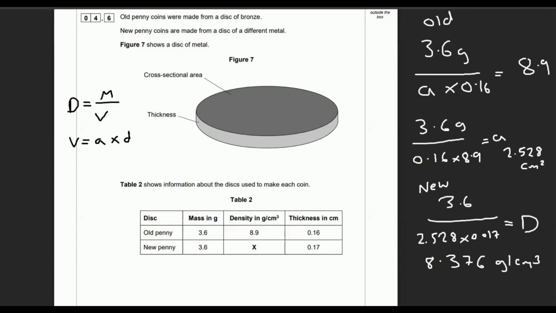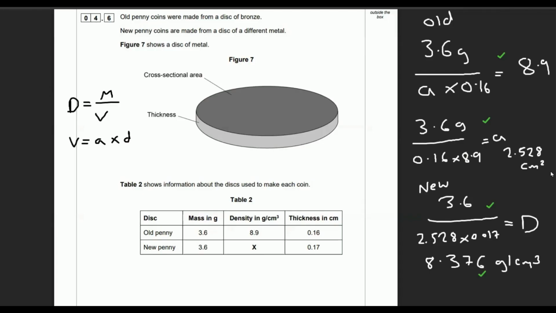Now, I think we've got 4 marks so far. So we've got 1 mark for doing this equation, working out what A is, another mark for rearranging that equation to find 2.528. We're then putting that 2.528 in here, rearranging again to find the density. We've worked out the density. Now, that's only 4 marks. What was the 5th mark? Let's see. It did say two significant figures, wasn't it?